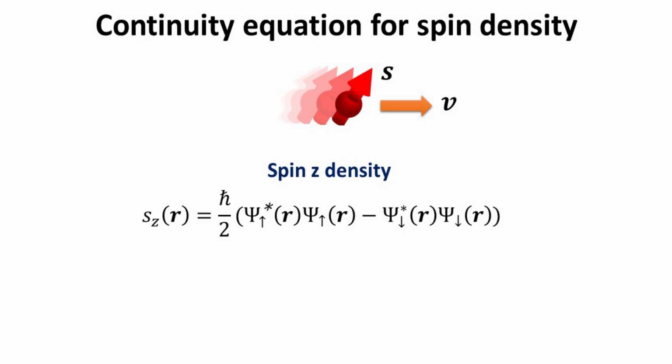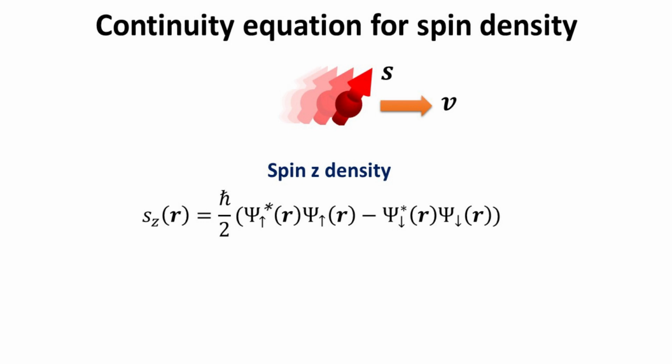To answer this question, we first need a definition for the spin density. As a first attempt, we can define the spin density as the probability density for spin-up electrons minus the probability density of spin-down electrons. The factor of h bar over 2 accounts for the dimension of angular momentum. This defines only the spins oriented along the z direction.